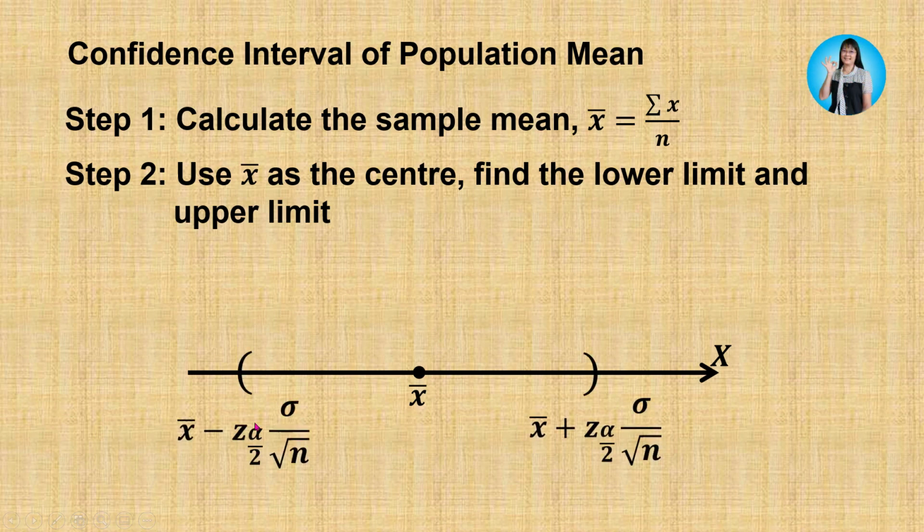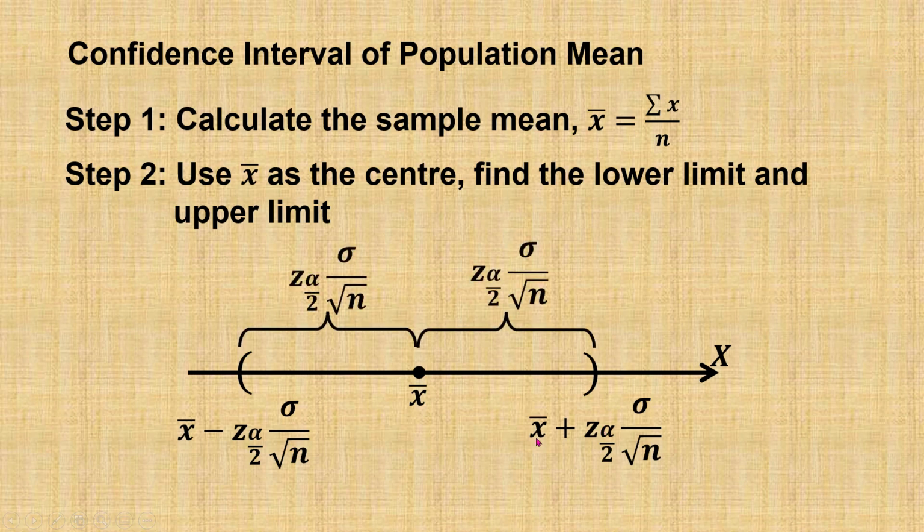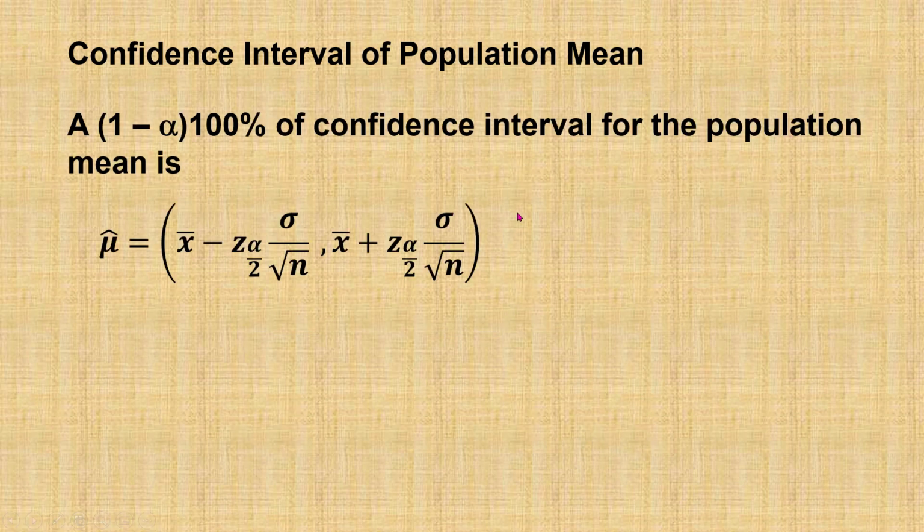The lower limit is x bar minus z times the standard deviation of the sample mean, and the upper limit is x bar plus z times the standard deviation of the sample mean. Therefore, this is the confidence interval for the population mean.